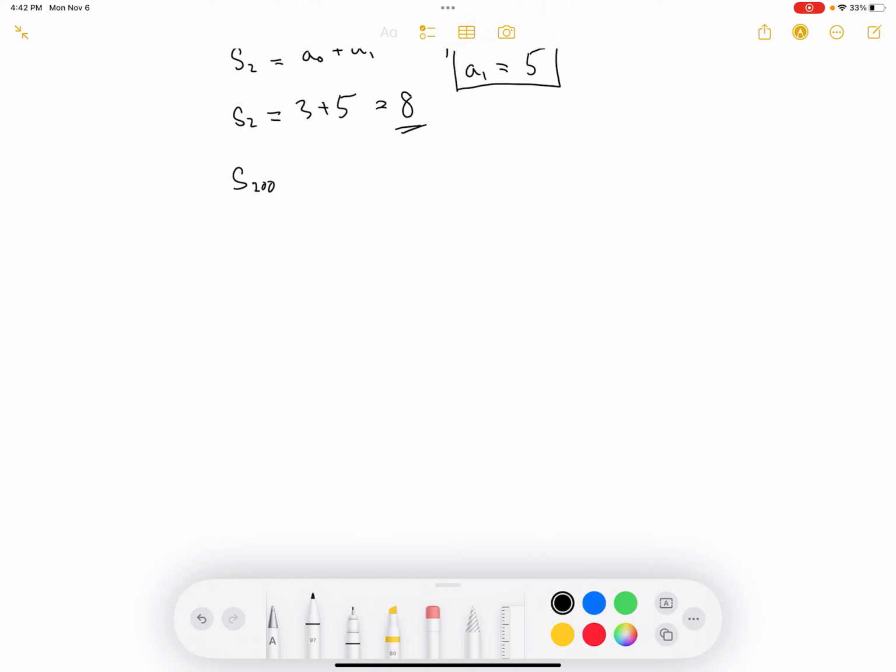So the formula would be (n plus 1) times (2a0 plus n times q), divided by 2.